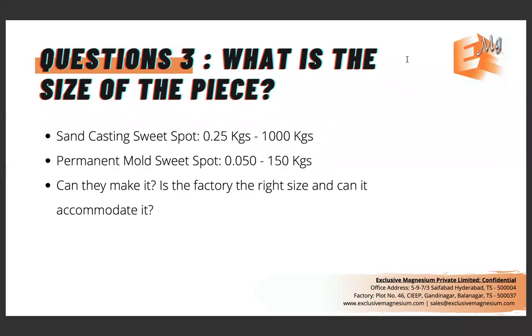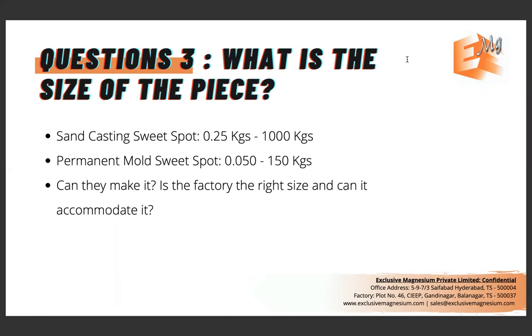Third, what is the size of the piece? In sand casting, the sweet spot that we found is about 250 grams to 1,000 kilos. We've also done parts which are 1.5 ton, 2.5 ton, but the majority of the sweet spot is within this range.